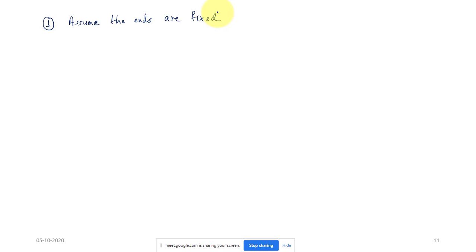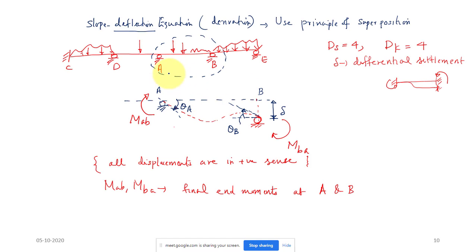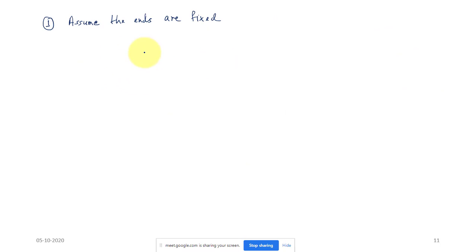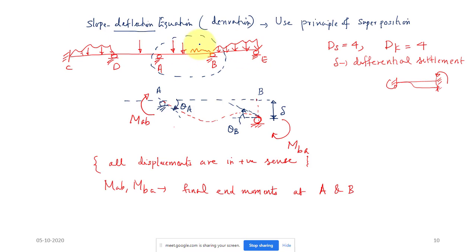So what you will do, I will take this span AB and I will fix this support. That means I am making sure that the rotation at A and B is 0, completely fixed. Assume ends are fixed, so I will take that span AB. Okay, and I am assuming it is fixed, and then I will apply whatever is the load acting in this span.